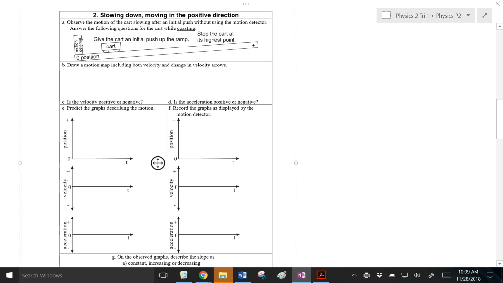Whoa, that's interesting. So again, once you've got it on paper, please go ahead and throw it onto the Pear Deck.